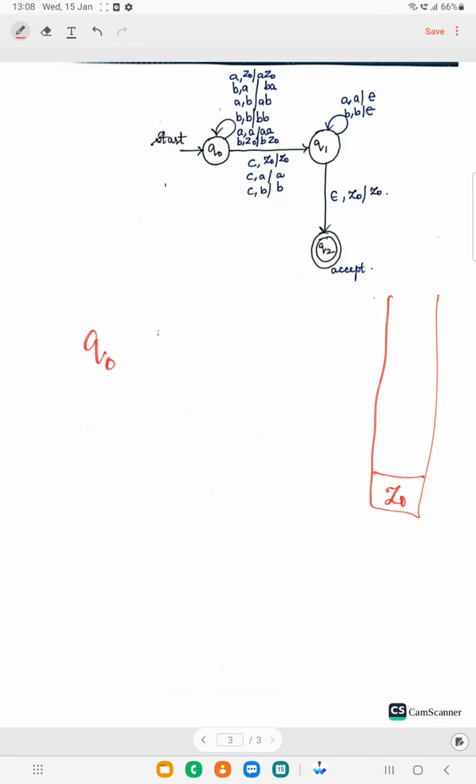Q naught. For the given question, W, a string of a's and b's, can be accepted. From q naught, if the symbol is a and the top of the stack is Z naught, I have to push the symbol as it is: q naught, a, Z naught.